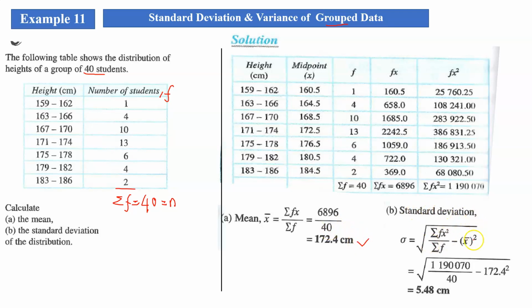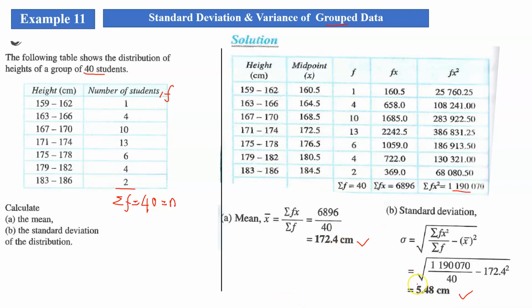And then for the standard deviation, we use the same formula we just used previously. Guna yang ni, ganti masuk summation of fx square, divide by summation of f, which is 40. Then minus your square of the mean. So you get the answer.